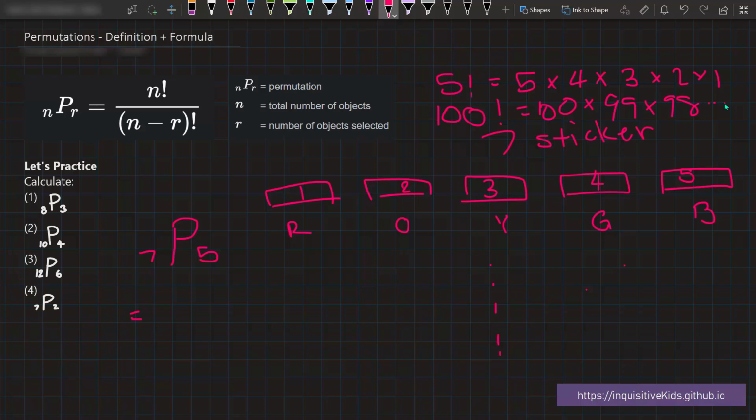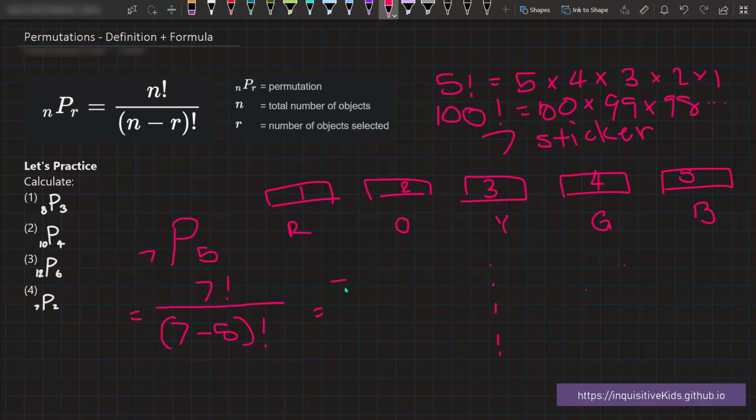So on the top we put n factorial, which in this case is 7 factorial for us, since 7 is our n. And at the bottom, we take the factorial of the difference between n and r, which is 7 minus 5 factorial.